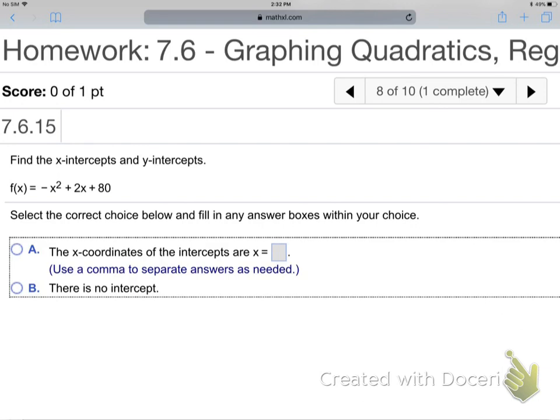I'll be kind of impressed if you can do it. This one's a little harder. You can always plug it into the quadratic.